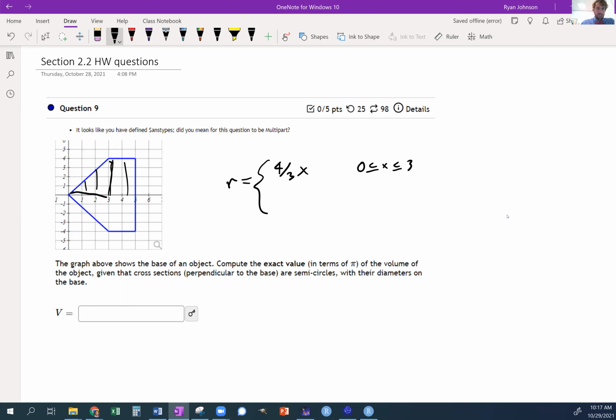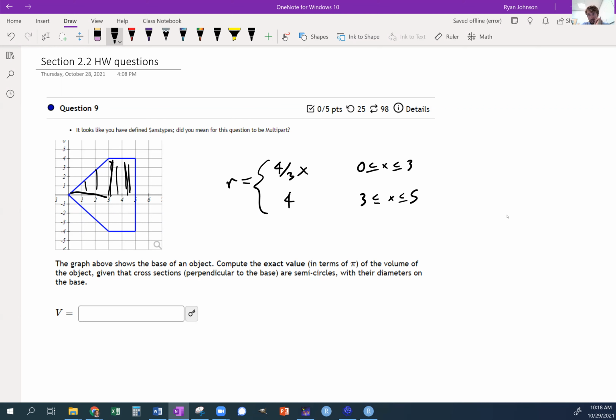And then it just stays constant at 4 when x is between 3 and 5. So from 3 to 5, it just stays constant at 4. Okay, so that tells me the radius function of the graph.